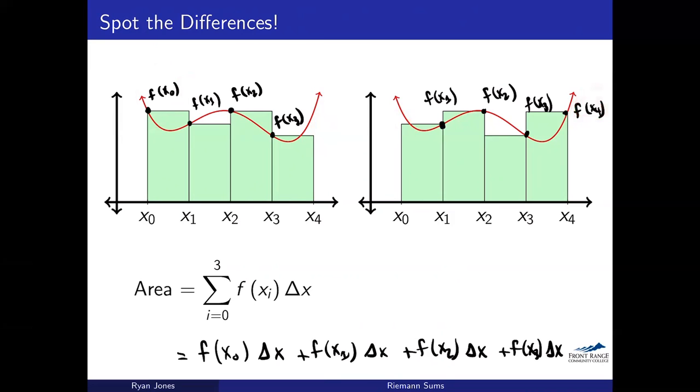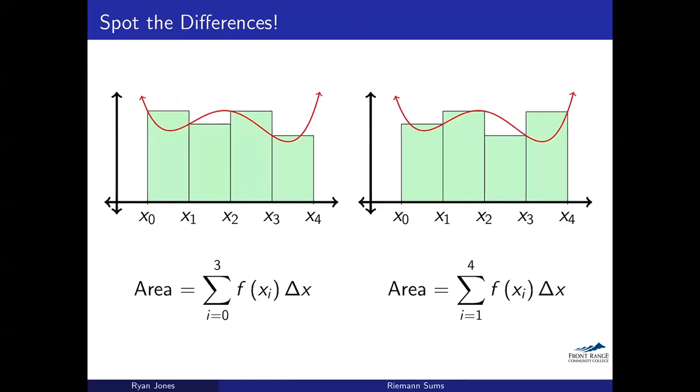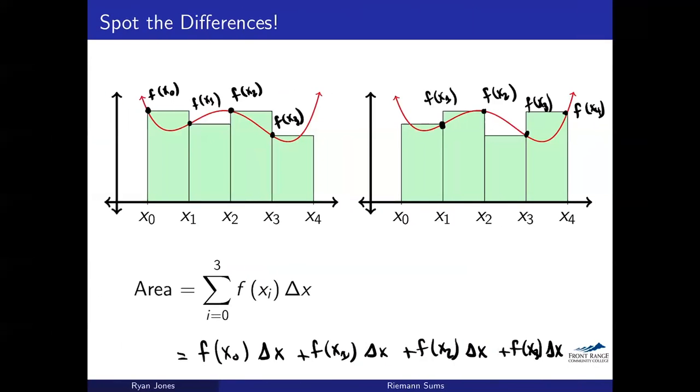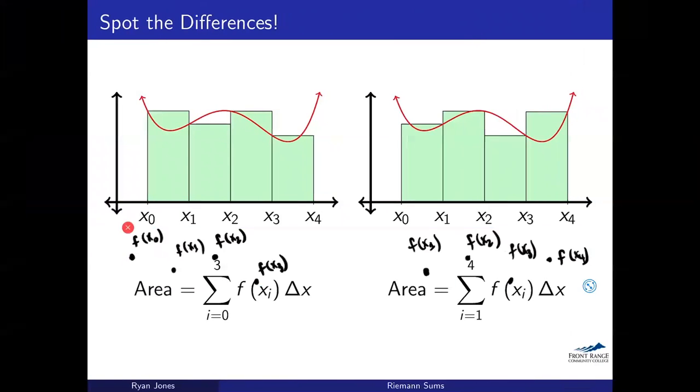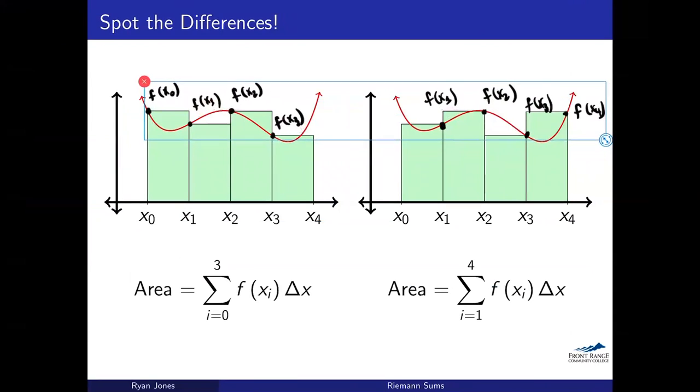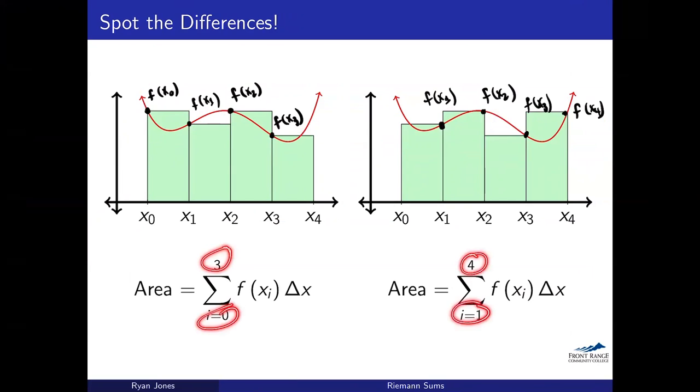So a very easy way to change this, and actually let me go ahead, I want to copy all of this over. Give me just a second. So a very easy way to change this formula is just change the bounds of my summation notation. So here I'm saying, hey, start at 0 and just go until I hit 3 and then stop.